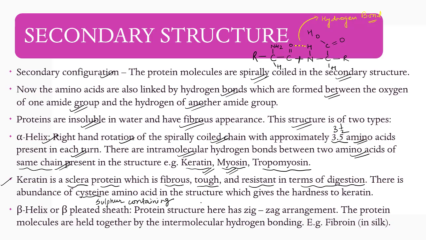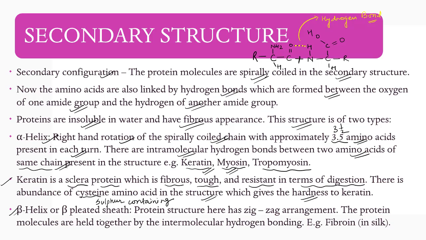Keratin is a scleroprotein which is fibrous, tough, and resistant in terms of digestion. It is present in the covering of the body of arthropods and all, so it is resistant towards digestion by acids. There is abundance of cysteine, a sulfur containing amino acid, in the structure which gives hardness to keratin.